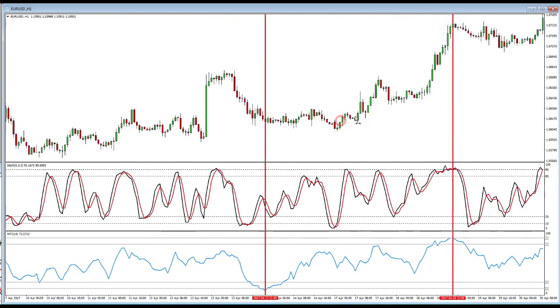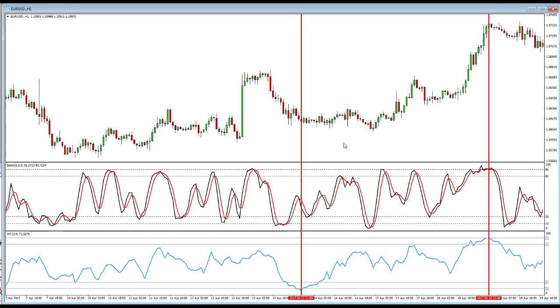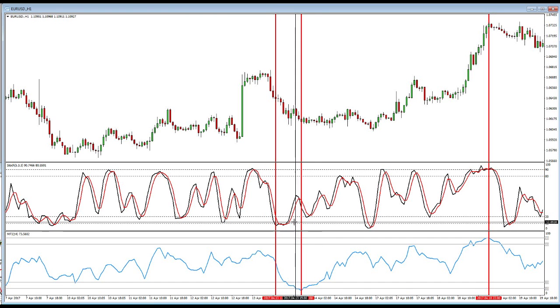Okay, so now starting off over here, effectively the stochastic has entered this region over here on the oversold in the level 10 region, which is my main trigger point to say I'm ready to make the trade.